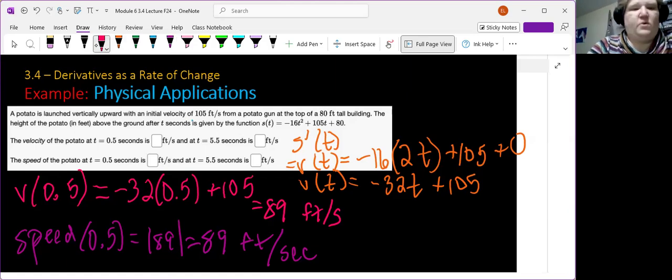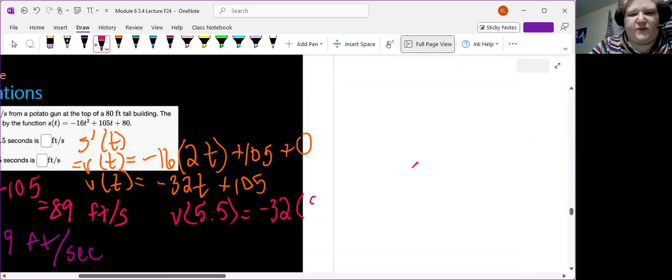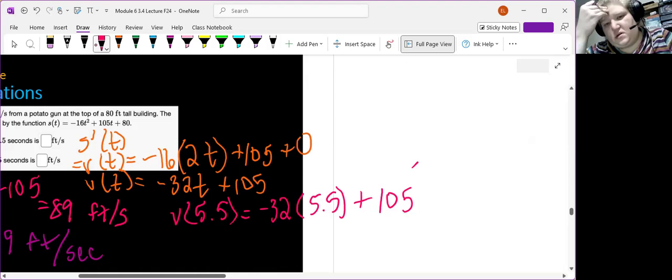All right, now our velocity for 5.5 seconds. So negative 32 times 5.5 plus 105. So negative 176.